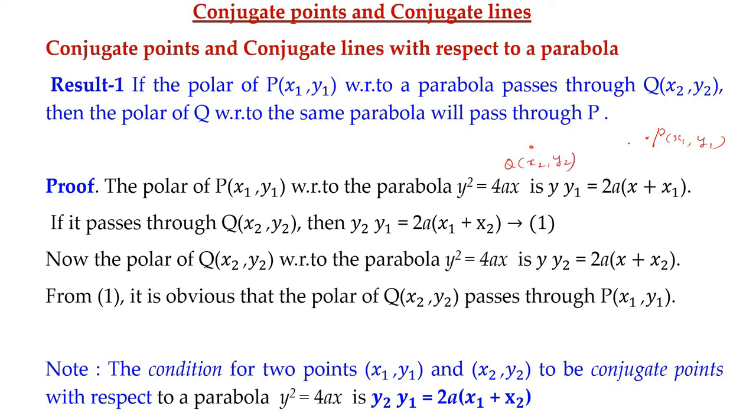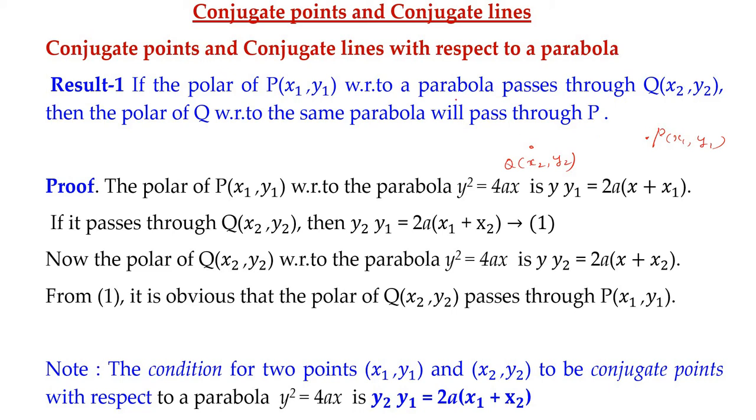We say that these 2 points are conjugate points provided the polar of this P passes through Q, and in this result of course we are going to show that the polar of Q will pass through P. So these 2 points in that case will be called conjugate points.